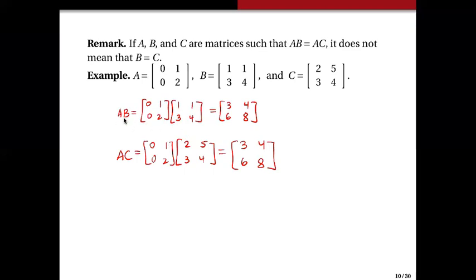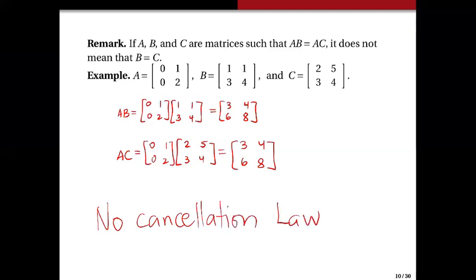So this means you have AB equals AC, but as you can see, B is not equal to C. So no cancellation law. Unlike in the set of real numbers, where you have a cancellation law, for matrices we don't have that. And here we are talking about multiplication.